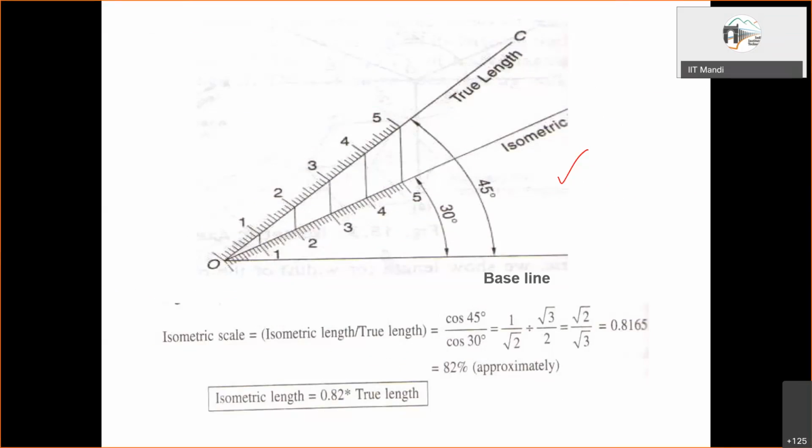Okay, and then within 10 centimeter, whichever length is to be drawn, we'll immediately measure on the isometric length and then draw it. Okay, so this is how we obtain this isometric scale, directly measure and draw. Otherwise we have to calculate it again and again, which is not advisable also, right?